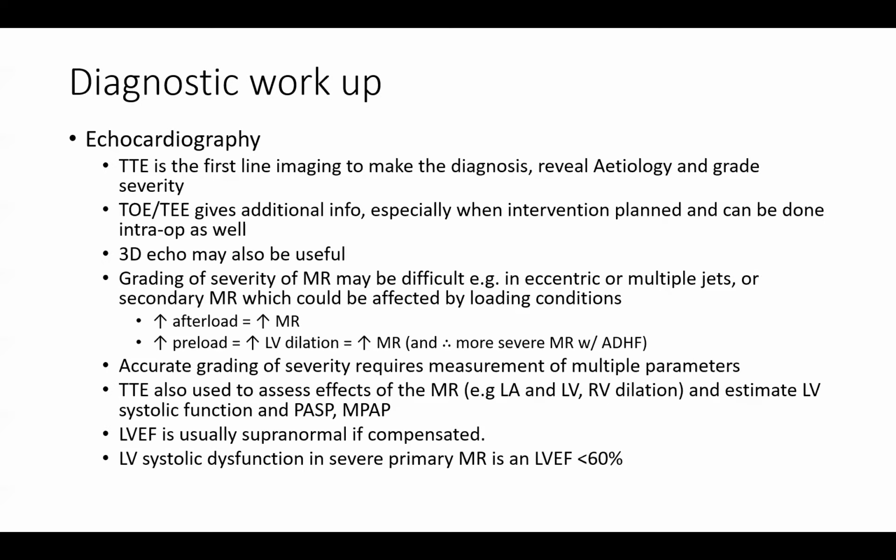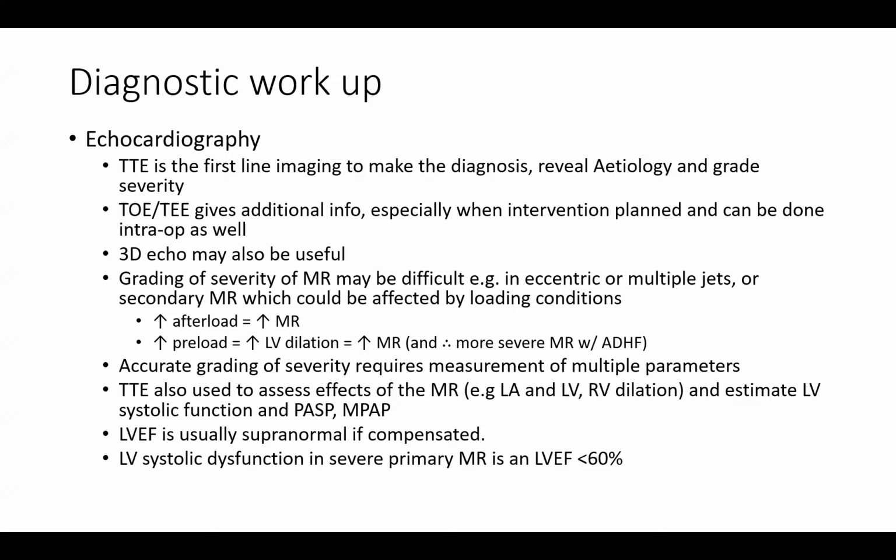So echo is the mainstay for diagnosis, to reveal the etiology and to grade severity, and TTE, transthoracic echo, is the first line imaging. We will start showing guideline recommendations after this slide.